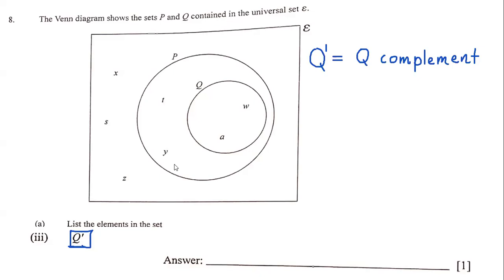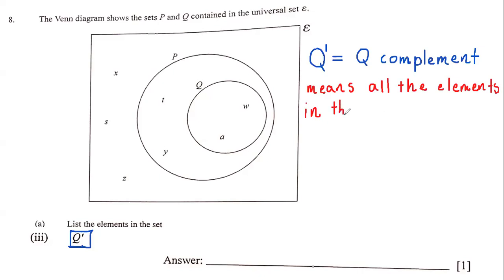So Q complement means that we want all the elements, every last one, in the universal set.